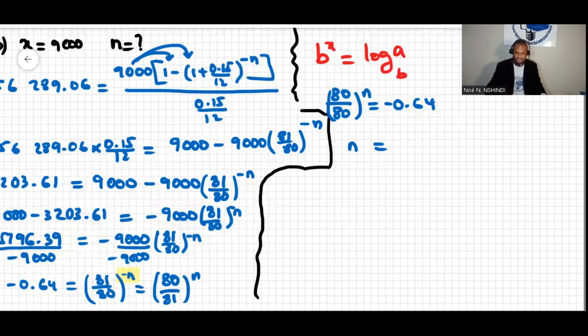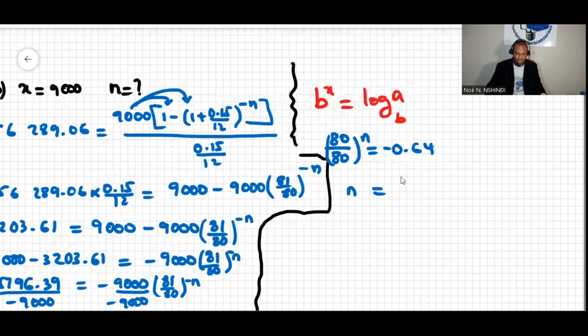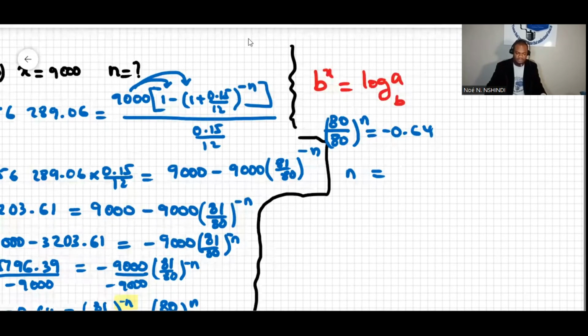I'm just trying to correct this one, I mean write this one correctly in an understandable way. I prefer to move it a little bit like this, and then, okay, I prefer to write it this way.